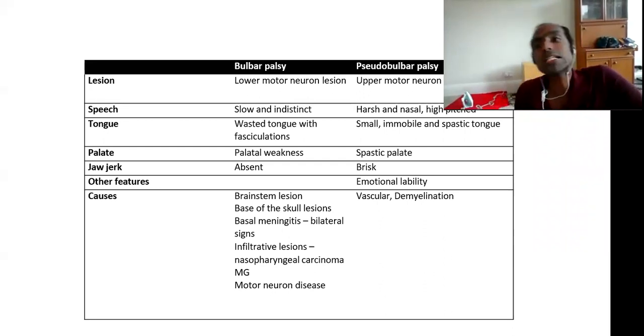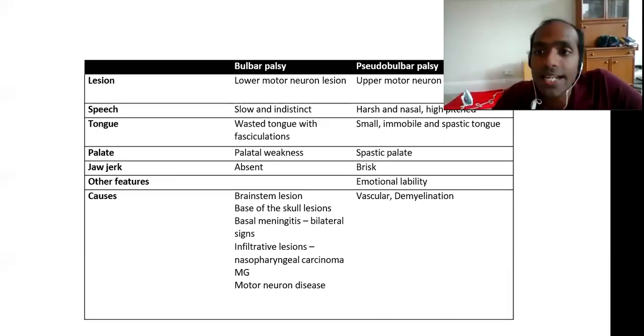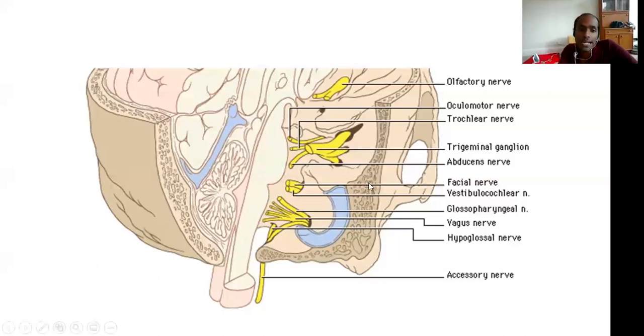And bulbar palsy can be, the lesion can be anywhere from the origin of these cranial nerves in the medulla, within the brainstem, to their output, where it leaves the skull base through these various foramina.